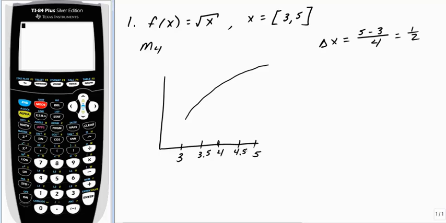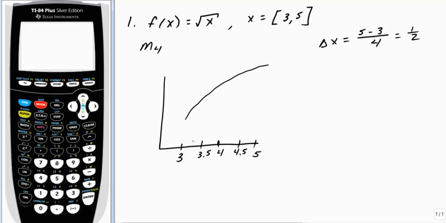Okay, so if I'm using the midpoint rule, M4, then the first rectangle is going to go from the value 3 to 3.5. But the height of that rectangle from 3 to 3.5 is not determined by the height at 3 or by the height at 3.5. The midpoint formula says, well, for that very first rectangle, use the midpoint.